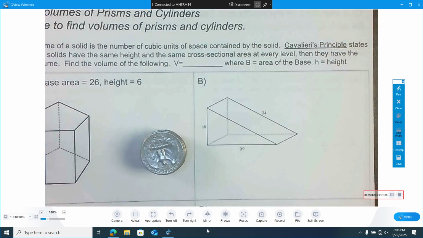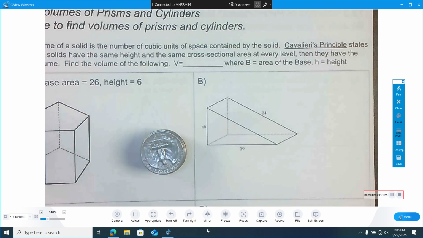And I have this ream of gold paper here. Do we know the area of one rectangle? It's 8 by 11. What's the area of this? 88, okay.